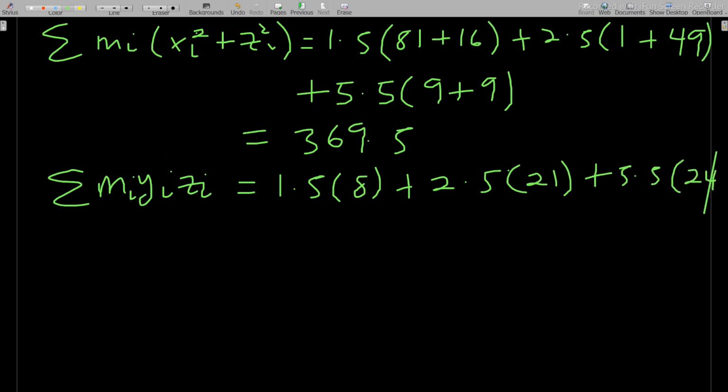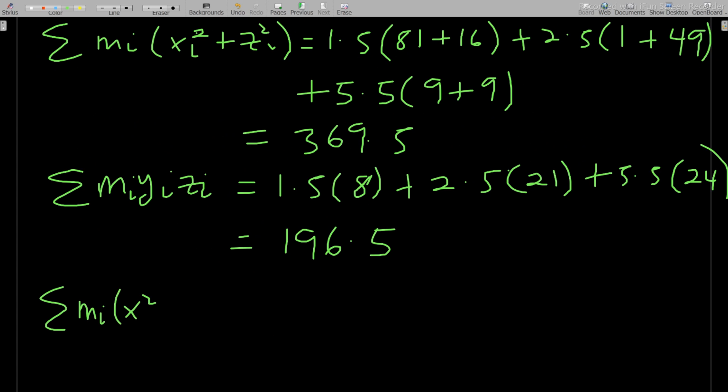What this means is just simply multiply y and z in every position vector you get, okay. You multiply them, then you multiply it to the mass at that position vector, okay. So this is equal to 196.5.